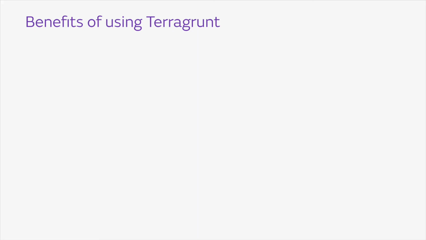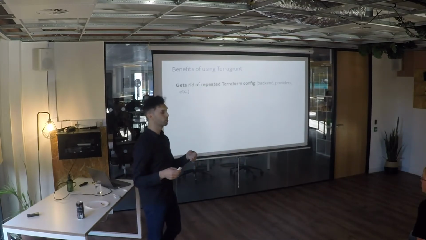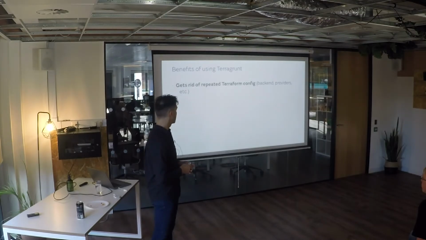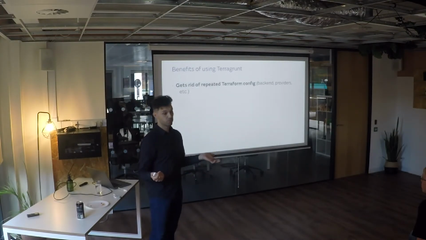So in summary, the benefits of using this tool is that we get rid of repeating Terraform configs, so prototyping gets a lot quicker. There are fewer copy-paste mistakes because there are fewer files to maintain.